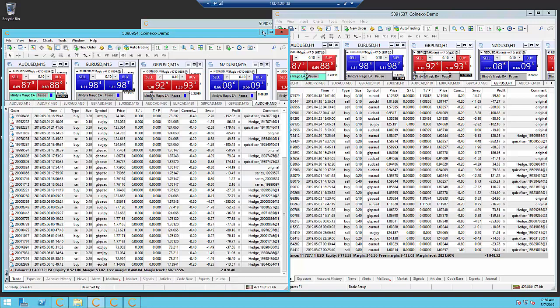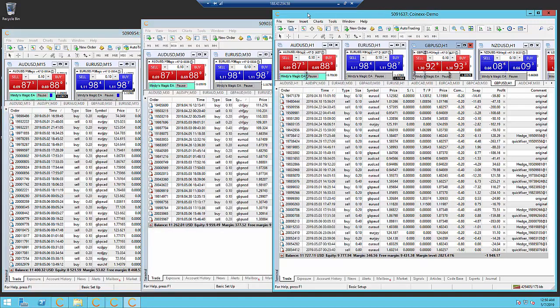Okay, so what happened last week on this account that's trading the 1-hour charts, it actually turned itself off 3 or 4 different times. But as the prices move in the Forex market, and as some of these trades close off, then the EA turns itself back on again. So it knows when to turn itself off and on.